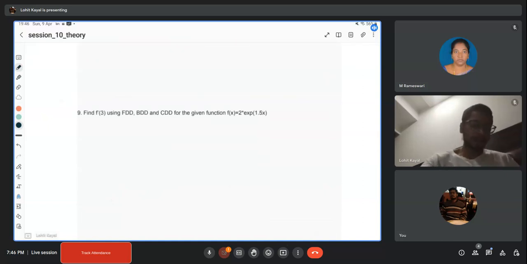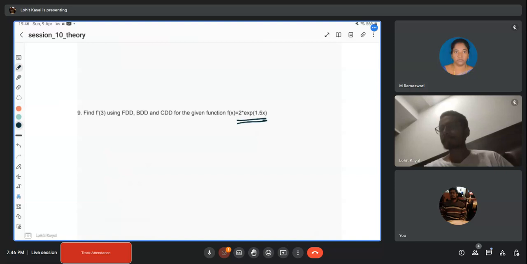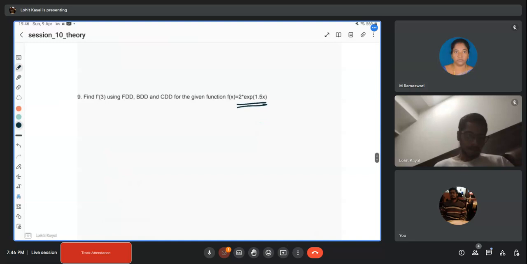Okay, yeah, so this is another straightforward question. You need to find the derivative of this function using three different schemes: FDD, BDD, and CDD. Okay, just a moment. Okay.